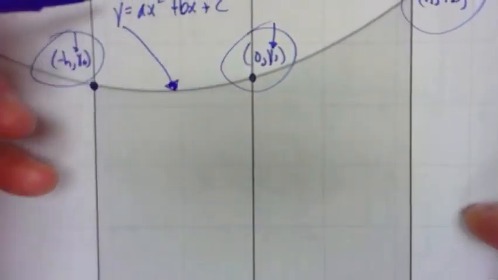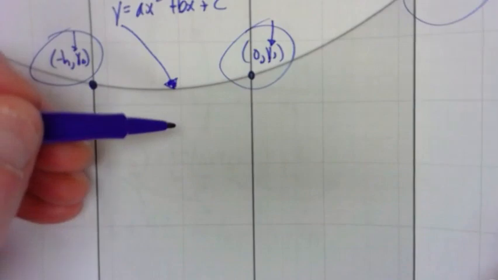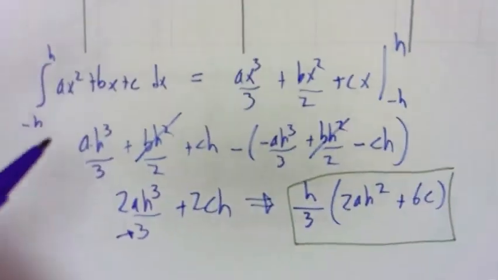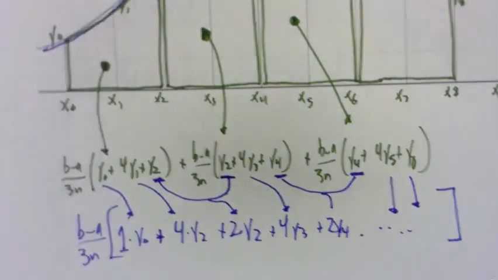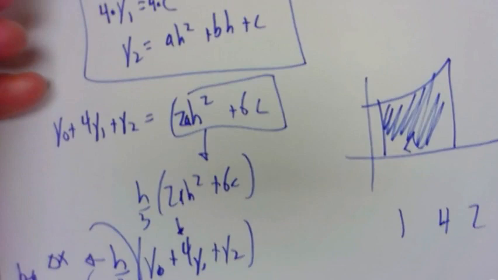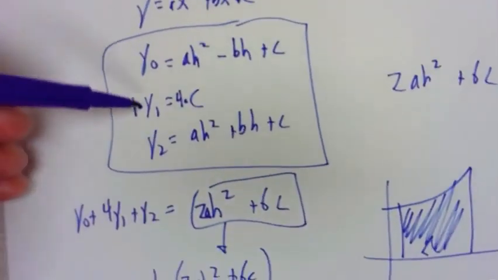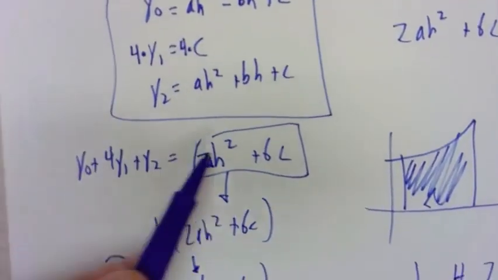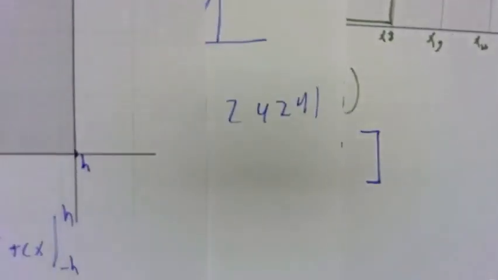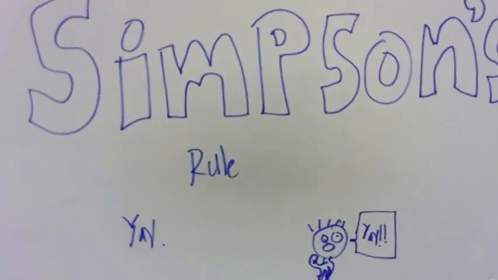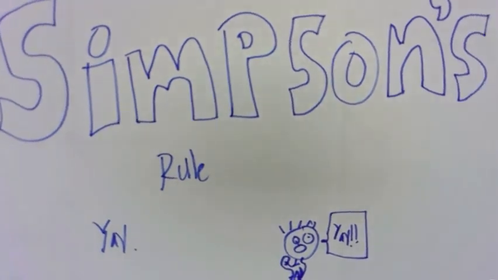And I think it's neat because it just comes from a very trivial area under this quadratic, which we find in general, and then use the actual function, solve for what values of a, b, and c make this true, and then plug that in. And so that's kind of a nice way to think about how Simpson's rule works and why it's 1, 4, 2, 4, 2, 4, 1.